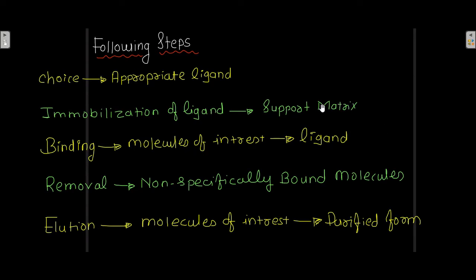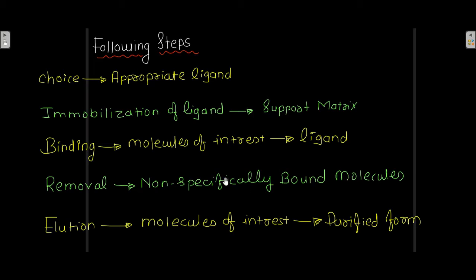Now your support matrix has the ligand, you pass the solution through the stationary phase, and the molecules of interest present in the mixture will bind the ligand. In that step there will also be removal of non-specifically bound molecules. The molecules which are not able to bind the ligand will be washed away.